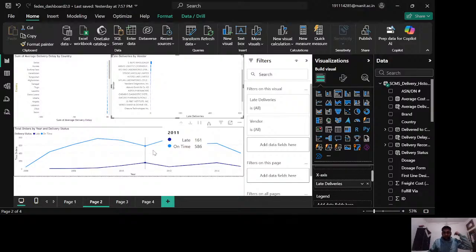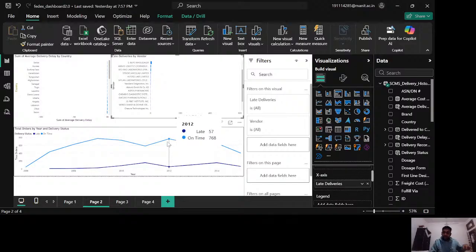Now, moving on to our next year, 2012. We have a very large increase in our on-time delivery percentage due to a large increase in on-time deliveries, which reach 768, being the second highest after 778 in 2009.